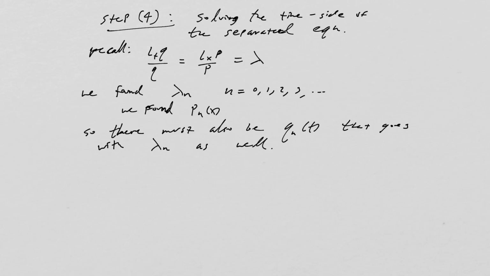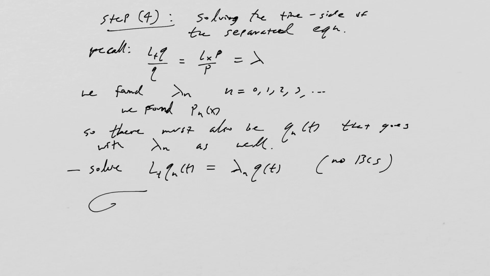Okay, so what we need to do is solve Q n prime of t is equal to lambda n times Qn of t. All right, here we have no boundary conditions, so assume we can solve these.